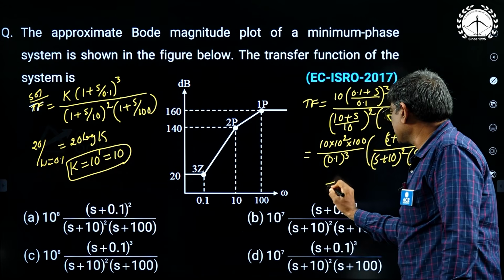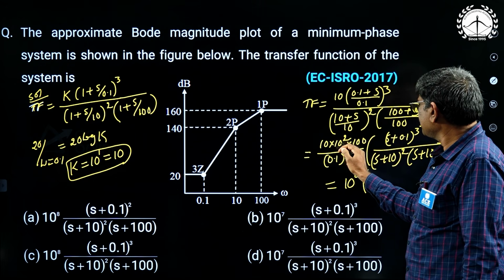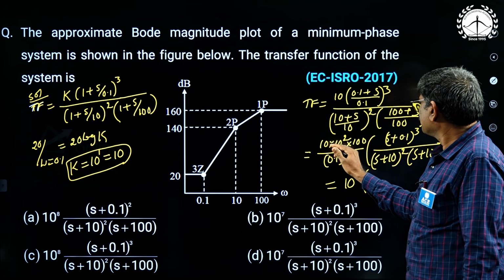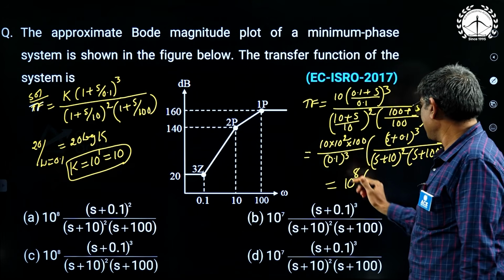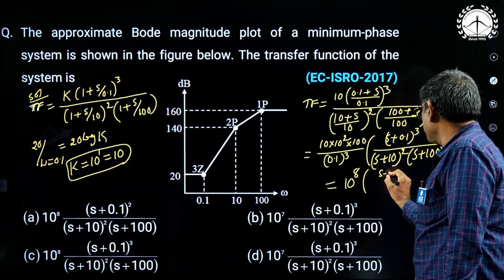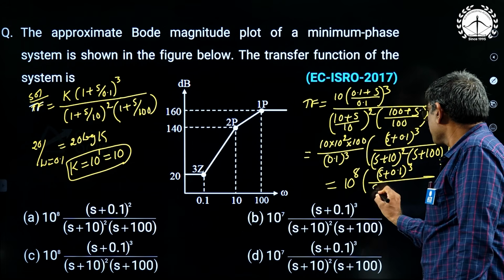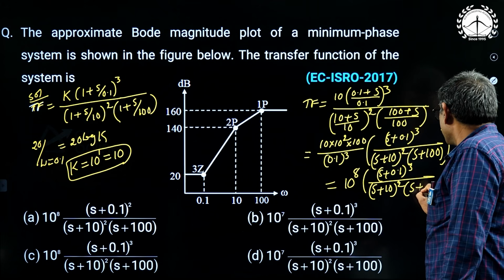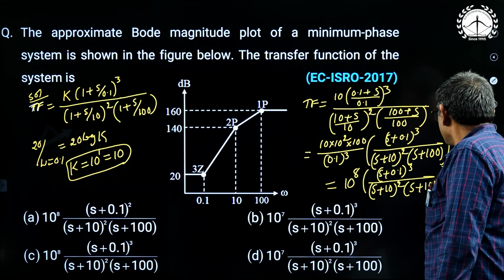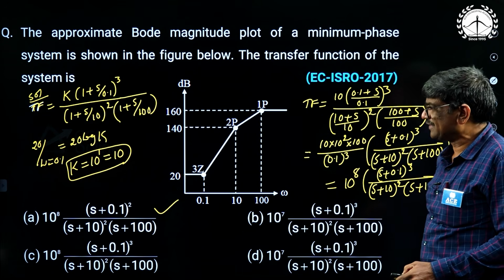Then you solve this and you will get 10 power 8 into s plus 0.1 whole cube divided by s plus 10 whole square into s plus 100. So the answer is A. All these are ECE questions I am discussing first.